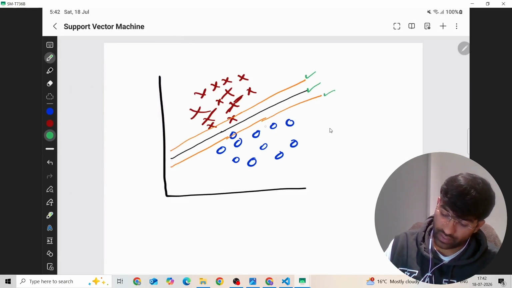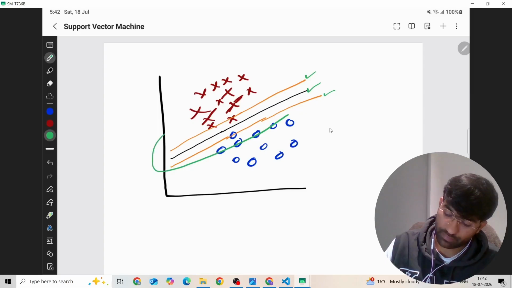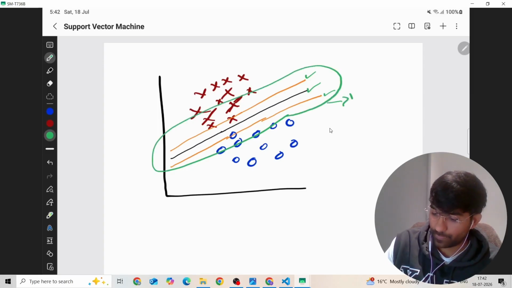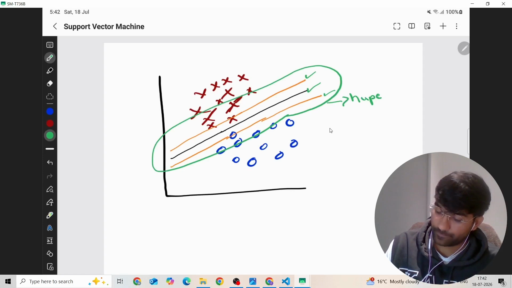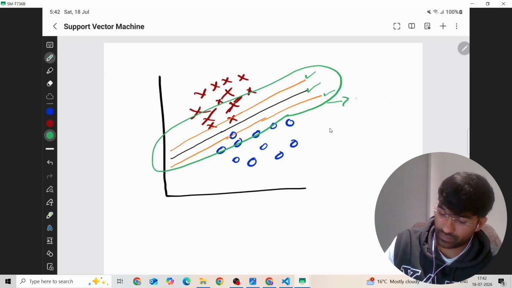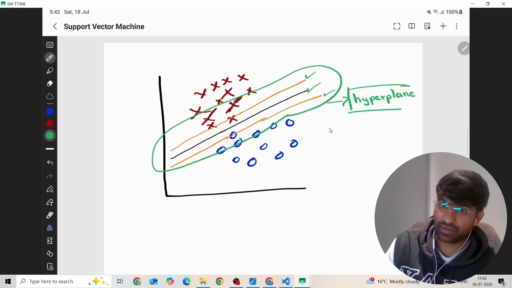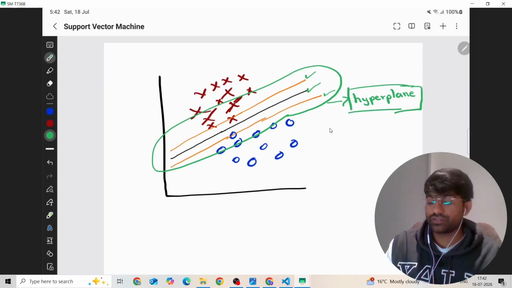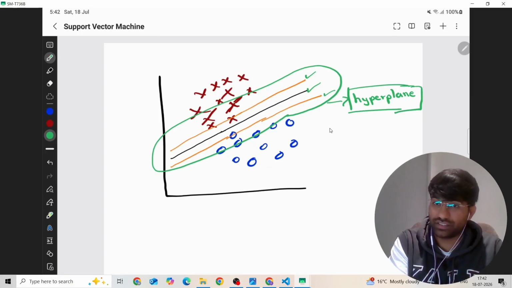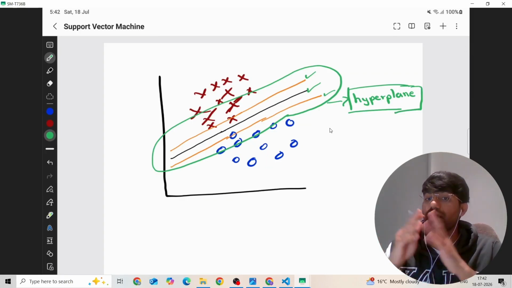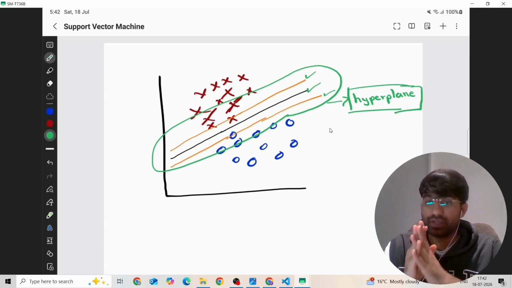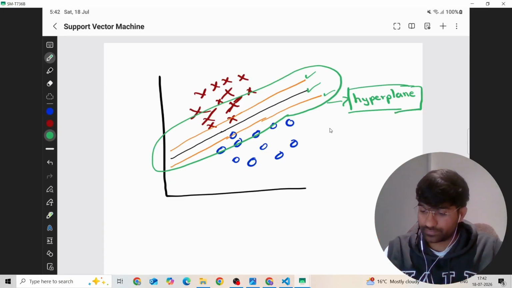Together, the best fit line and margins are known as the hyperplane. So support vector machine draws the hyperplane. It will identify the hyperplane to make the classification.